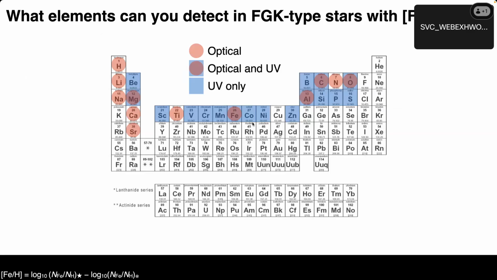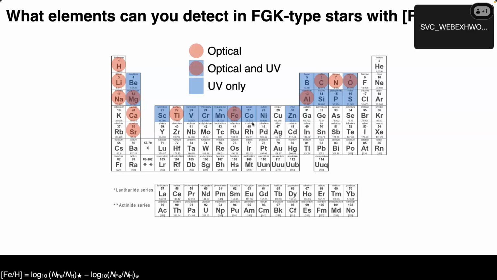The ones that are highlighted in some form are elements that are detectable in some way in the most metal poor stars known, ones with iron to hydrogen ratios about 6 orders of magnitude, 1 million times lower abundances than we find in the sun. That does actually say iron to hydrogen bracket notation less than -6.